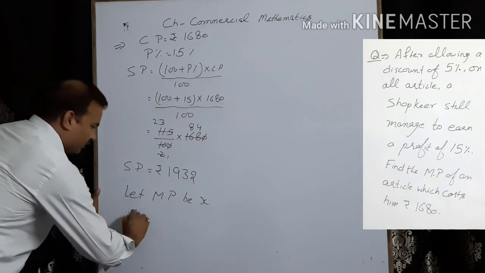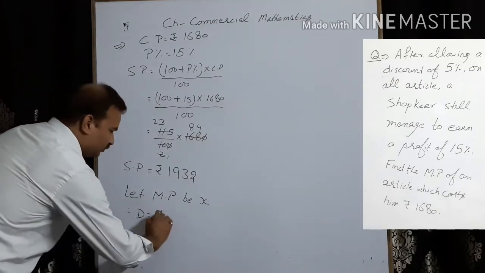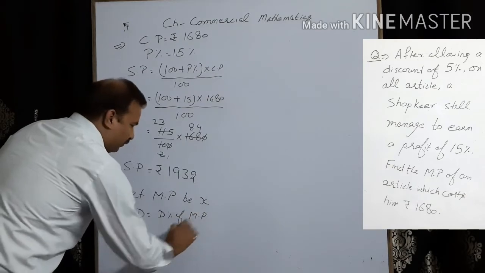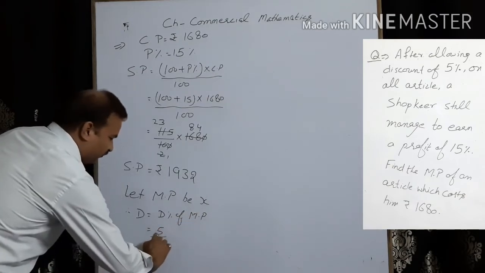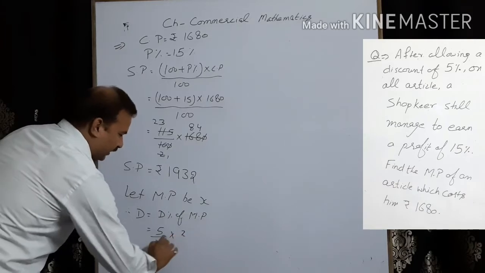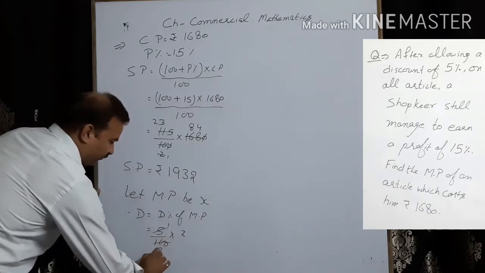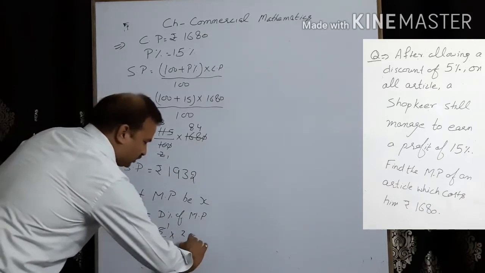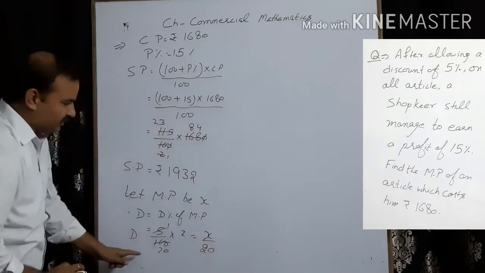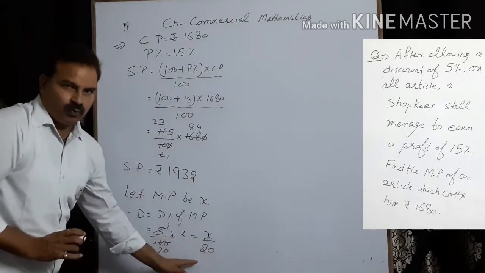So therefore discount is equal to discount percent of mark price, that is 5% of x. So 5 ones are 5, 20. So what is the discount? Discount is x by 20.